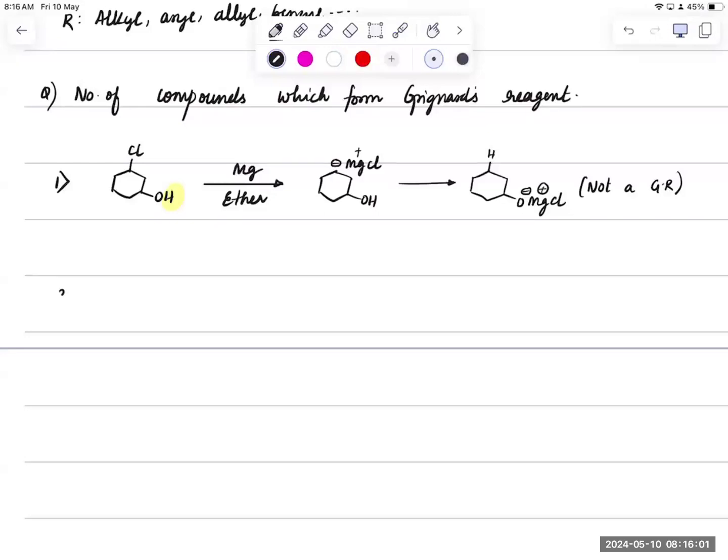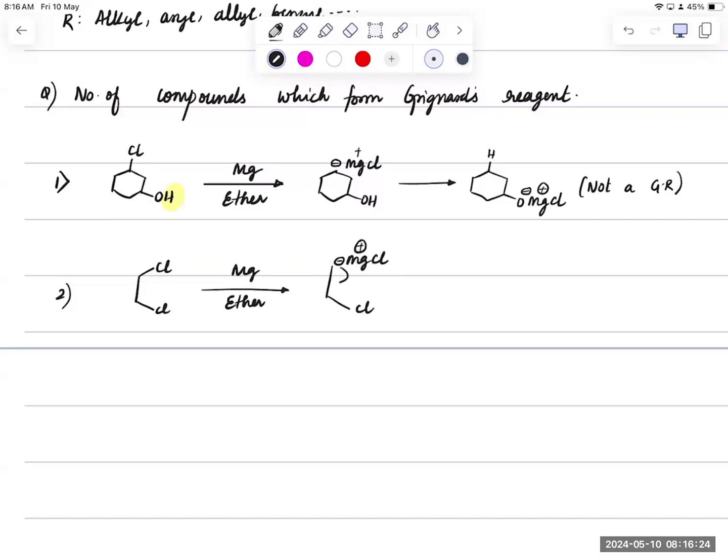Clear? Second case, suppose you have two chlorides like this, and then I'm treating with magnesium and ether. Again, at one place, it will form R minus MgCl plus, and on the other side we have Cl.